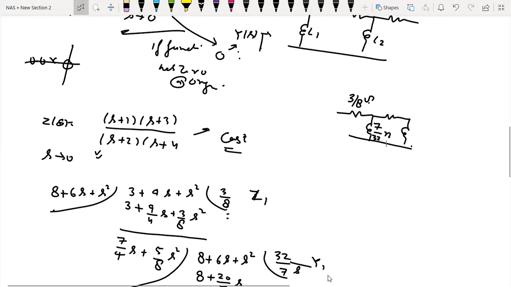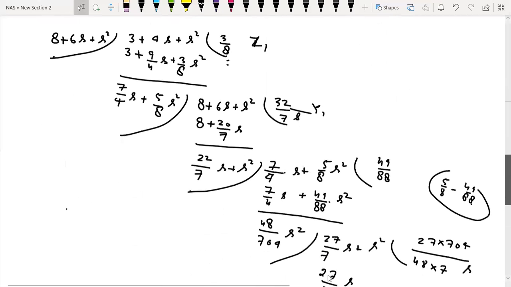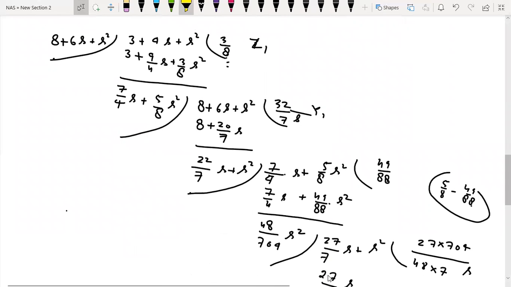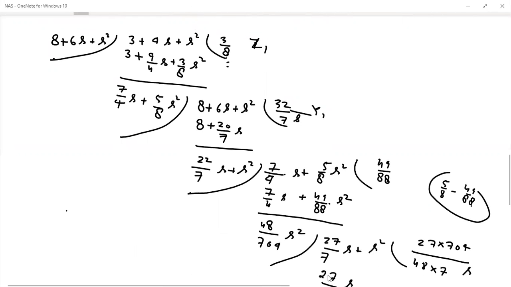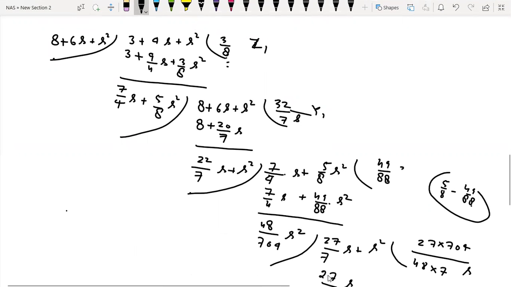Next term, see Z1 by 1, this is my Z2. The value of Z2 is 49 by 88. So just put it into the function.